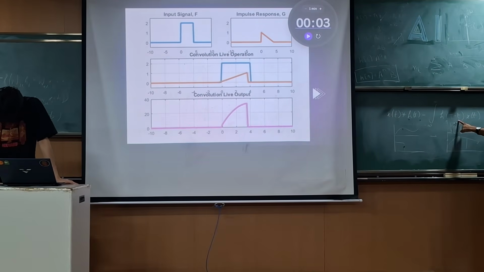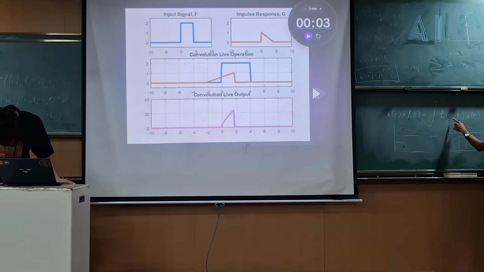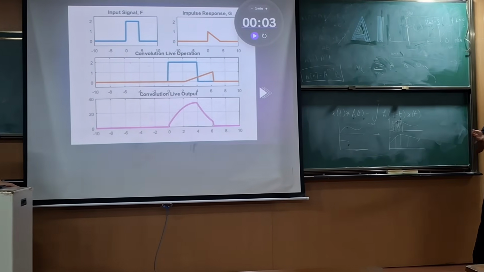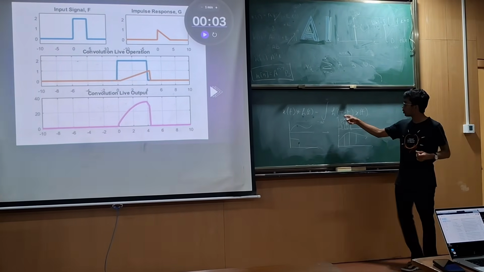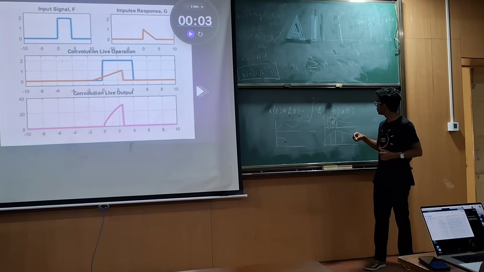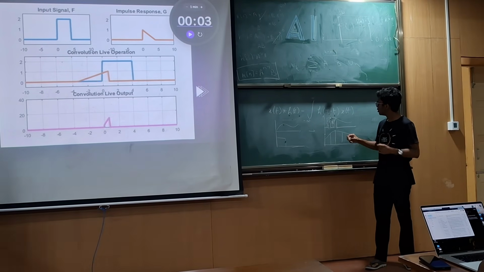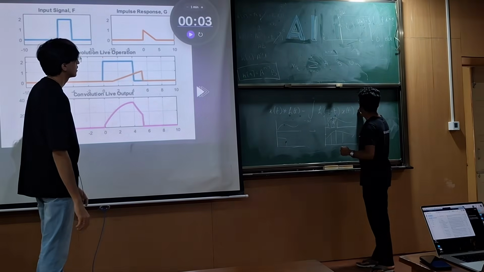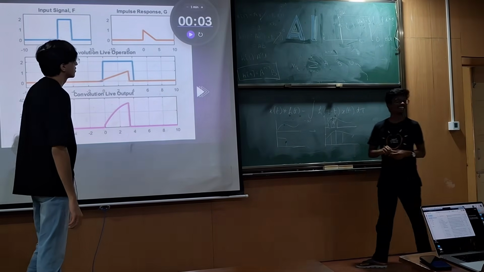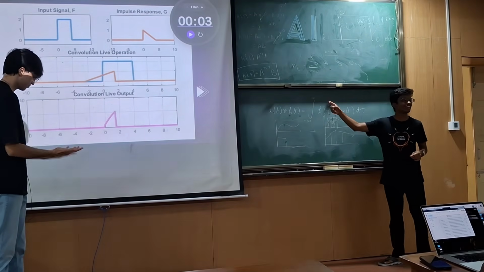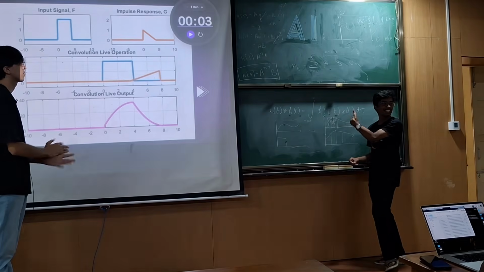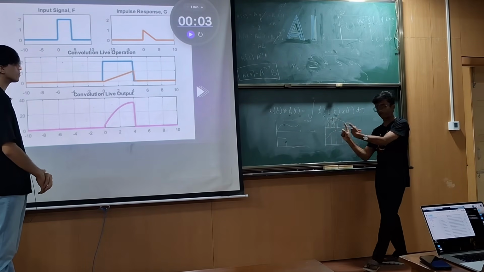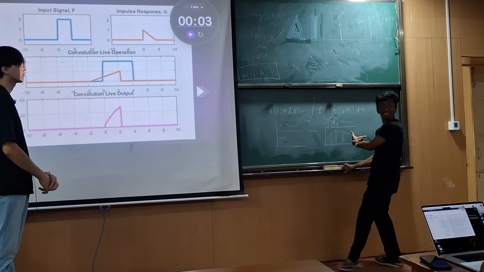You can see minus t, that's the flip, and tau is how you are parameterizing the shift, d tau. Tau goes from minus infinity to infinity. So this function is getting flipped, and tau is your shift.